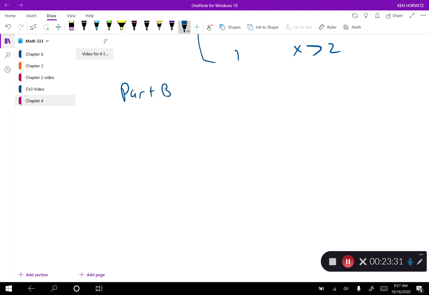Find the probability that the load is between 1 and 1.5.